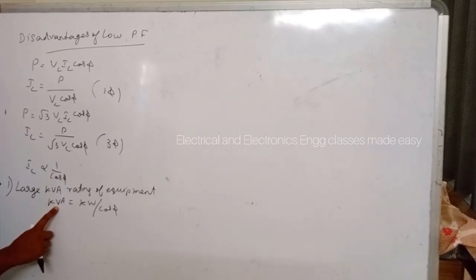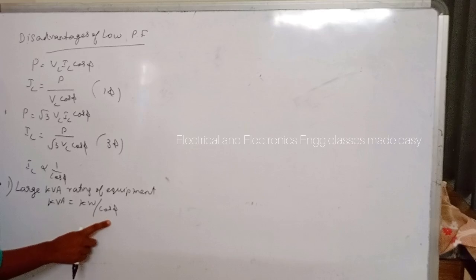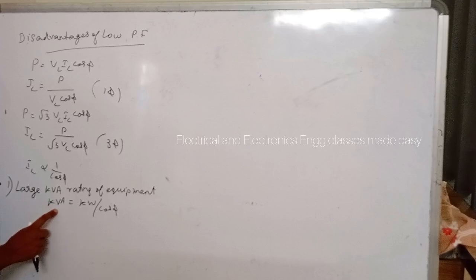Here kVA is inversely proportional to cos phi, that is the power factor. So the smaller the power factor, the larger is the kVA rating. So at low power factor, the kVA rating of the equipment has to be made more, making the equipment larger and expensive.